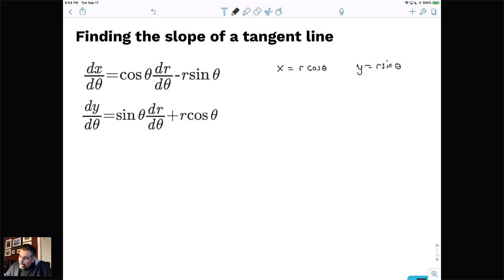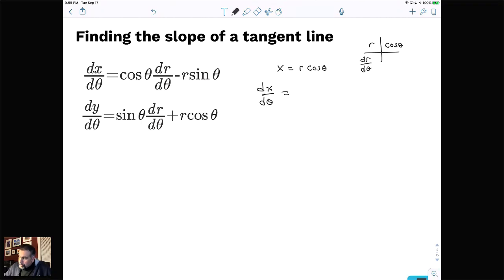Because if we take the derivative of both sides of these equations with respect to theta, what ends up happening is that this will become dx over d theta is equal to, and now we've got to set up a product rule for this particular expression. The way I set my product rule is I take both factors of my function and I take the derivatives individually. The derivative of r would be dr over d theta.